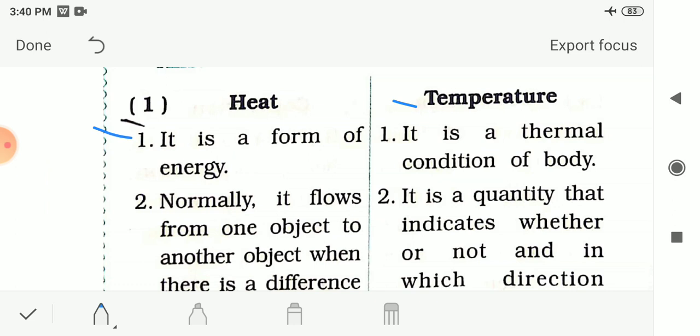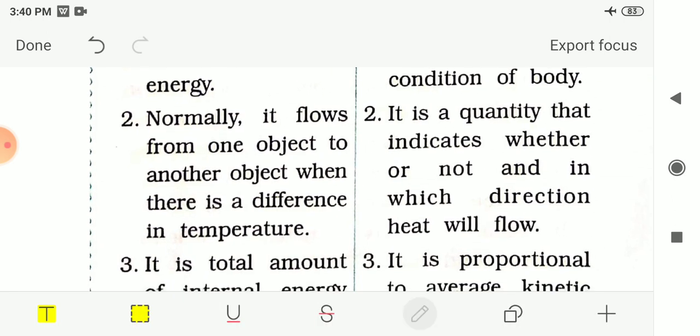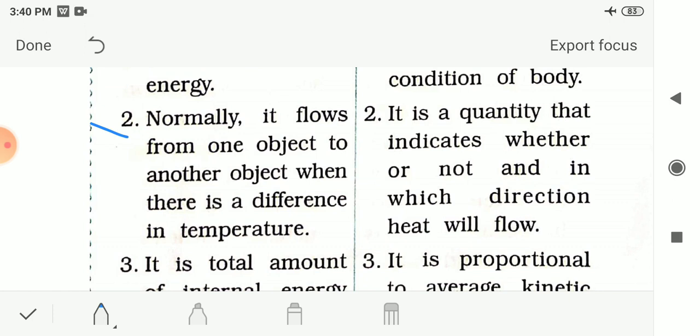By temperature we can say what the thermal condition of any body, object or substance is. The next difference is that heat normally flows from one object to another when there is a difference in temperature. When there is a temperature difference between two objects, heat flows from one object to the other.